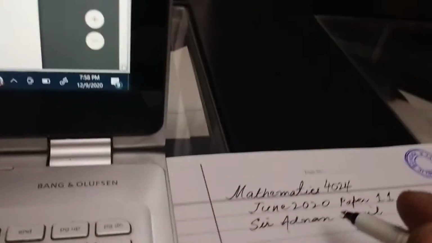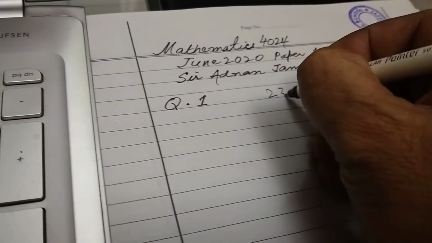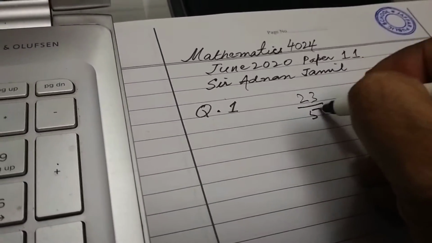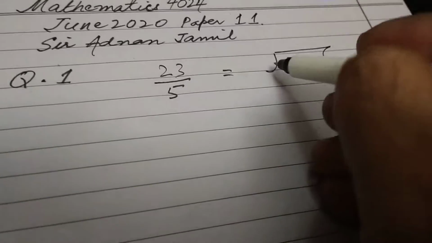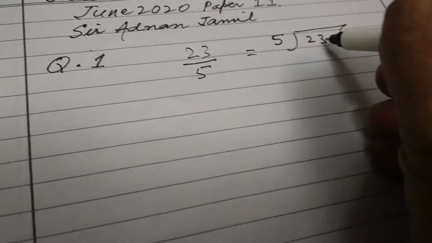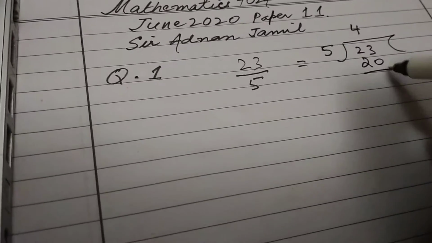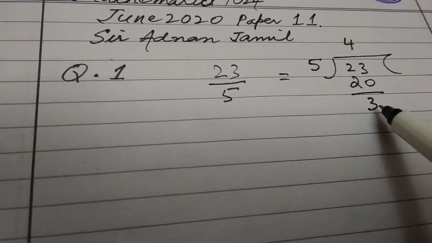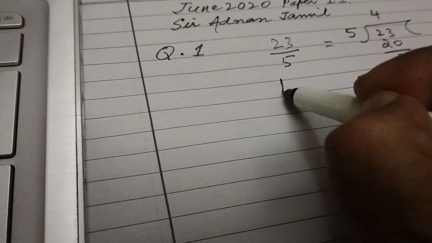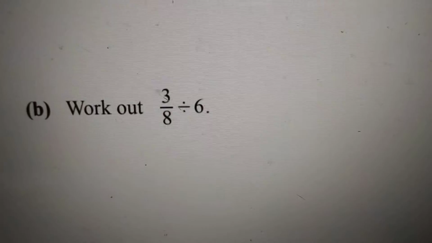So I'll show you all the basics. 23 divided by 5, 3 is the remainder over here. So we write 4 whole number, 3 upon 5. This is your answer.